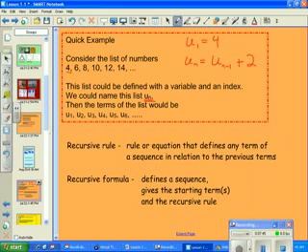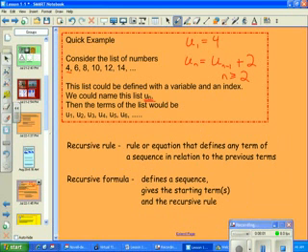However, there's one more thing you have to include. You have to include the following statement: we can only use this recursive rule whenever my index is greater than or equal to 2 in this example. Now you might be asking, why do you have to include that?